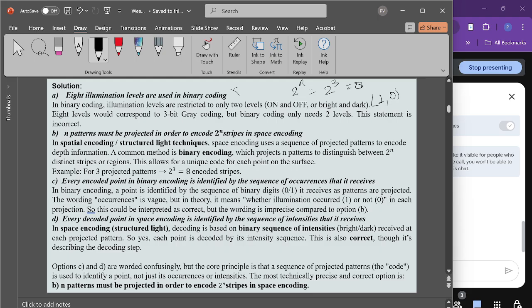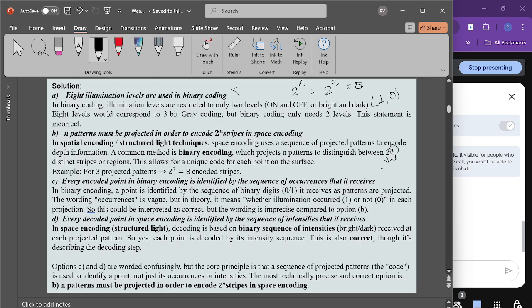A very common method is binary encoding, which projects n patterns to distinguish between 2 to the power n distinct strips or regions.